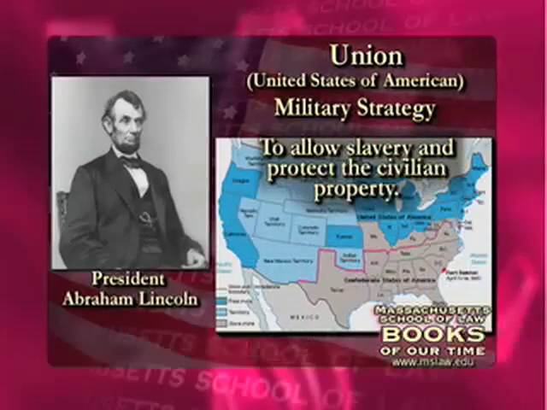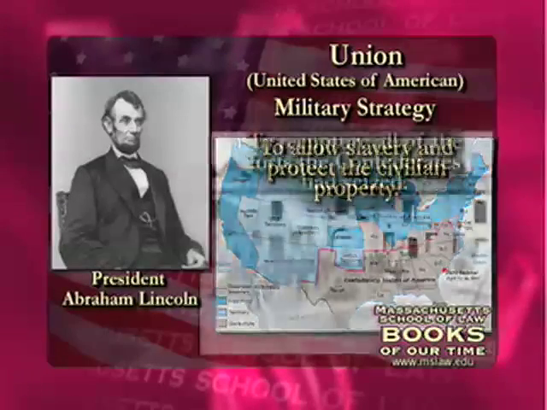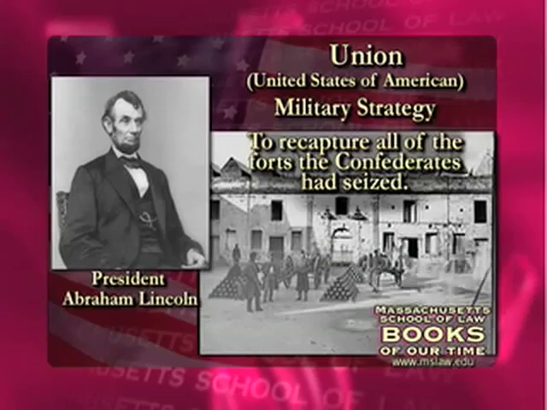By leaving slavery alone? By protecting civilian property, including slaves? By just recapturing the forts that the Confederacy has seized, like Fort Sumter? And then appealing to the kind of latent unionism of the Southern people?